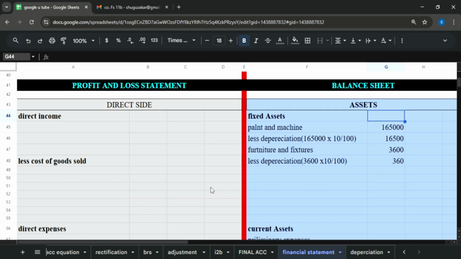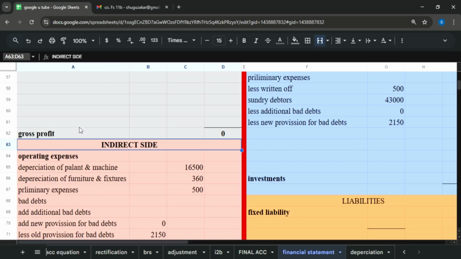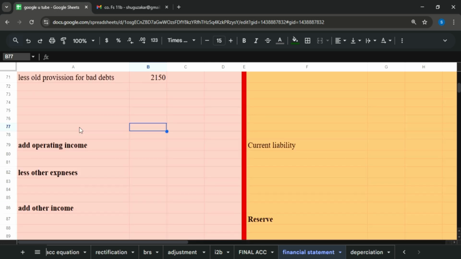So first we will go to the direct income side. There we will mention sale, and then we will subtract wrongly added machine sale. Alright guys, so this would be subtracted. How much? 7,000. And since it's an income, we'll go to the other income side because it's not an income from operation.